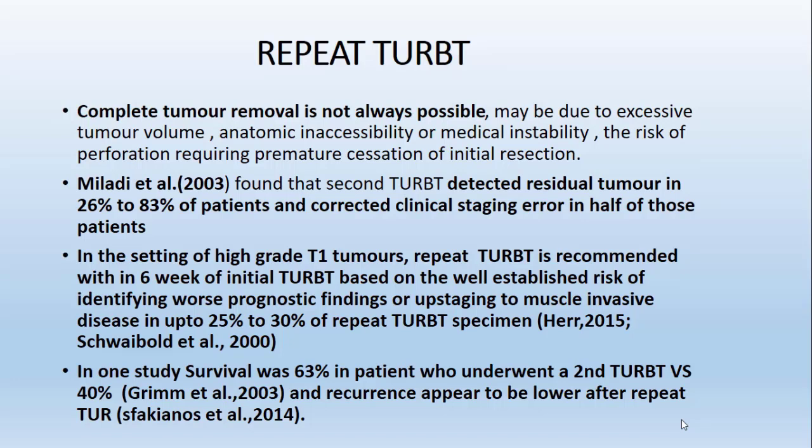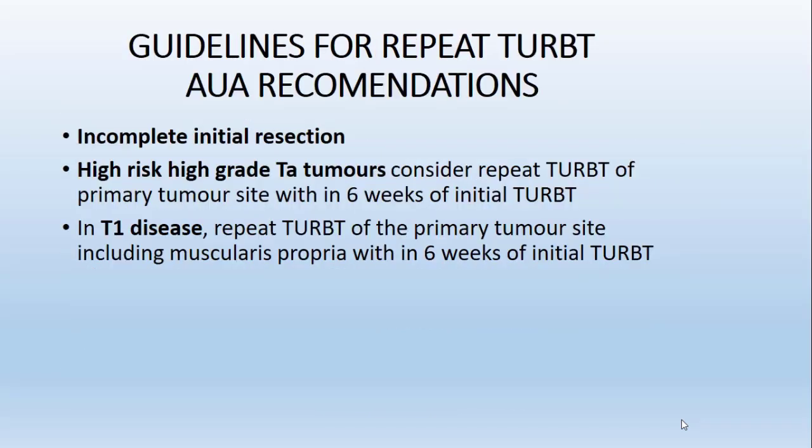In the setting of high-grade T1 tumors, repeat TURBT is recommended within 6 weeks of initial TURBT, based on a well-established risk of identifying worse prognostic findings and upstaging of the tumor in 25 to 30% of the repeat TURBT specimens. In one study, survival was 63% in patients who underwent a repeat resection, compared with 40% who didn't, and the recurrence appeared to be lower after repeat TUR.